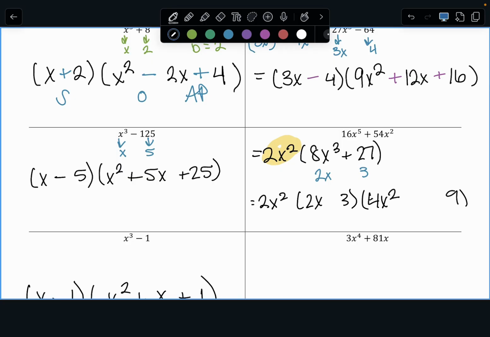And then 2x times 3 is 6x. And then SOAP for our signs. Same, opposite, always positive. Questions on that one?